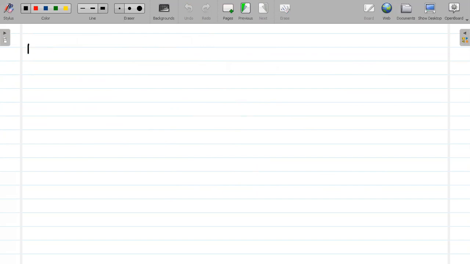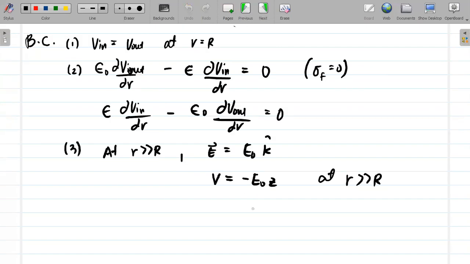Now, recall natin yung usual na Laplace equation. Teka lang. I can also write this as negative E naught R cos theta. Di ba ang Z, yan ay R cos theta.